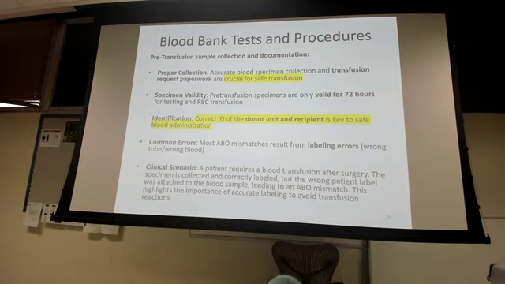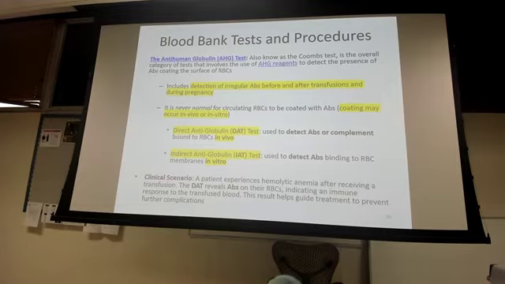Okay, so if you know the surgery is going to be a little longer than that, please postpone or wait till you get a little closer to that surgery to provide us those labs. And then make sure that you have the correct identification of the donor unit and the recipient, because those are very common errors, labeling errors that we see. Not too often, but it does happen.